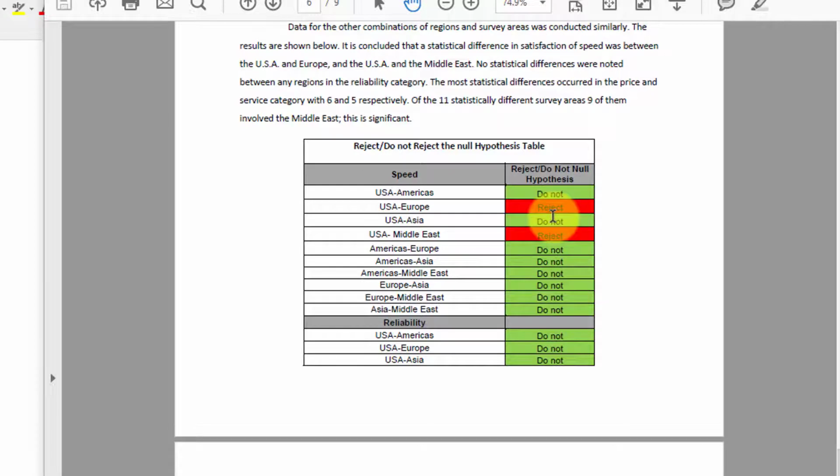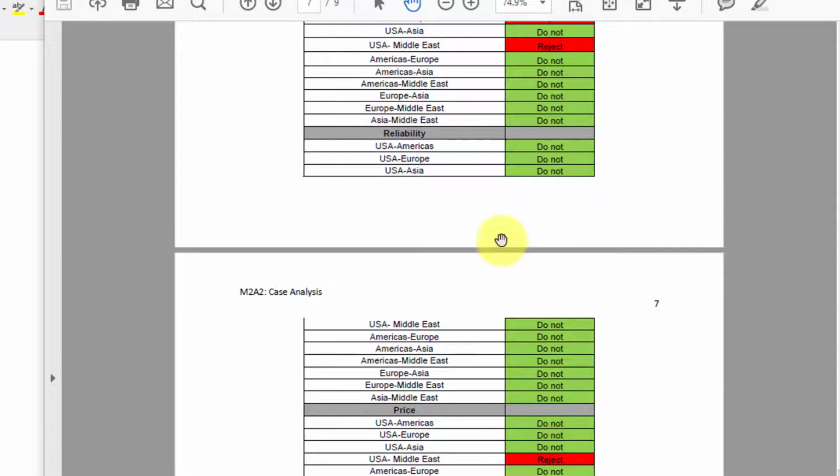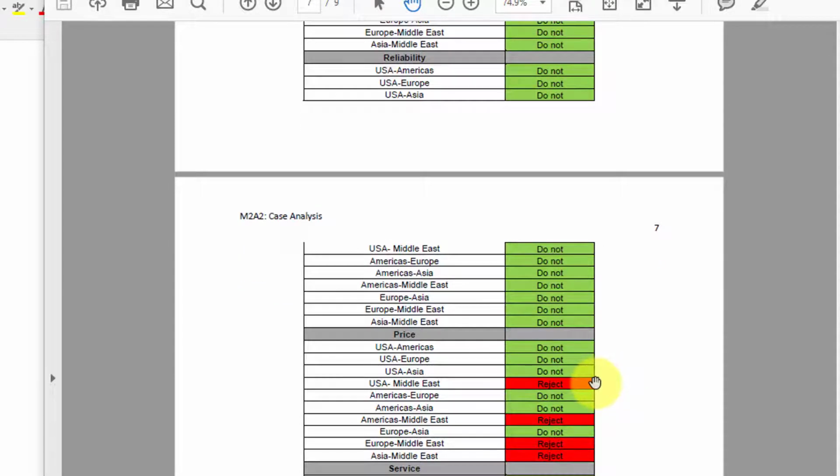Red, you do reject, which means there is a difference in the ratings for that factor on that pairing, so there is a difference between USA and Europe on speed, and USA and Asia there's no difference, but USA and Middle East on speed, there is a difference because you reject the null. And the table includes all of the pairings on each of the factors, and it jumps out at you. Anything that's red, there is a significant difference.